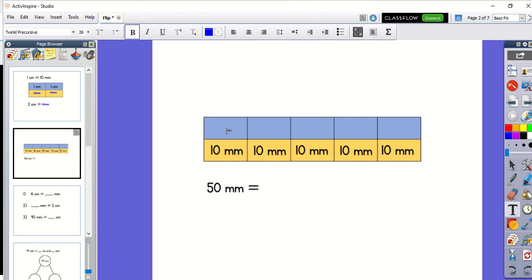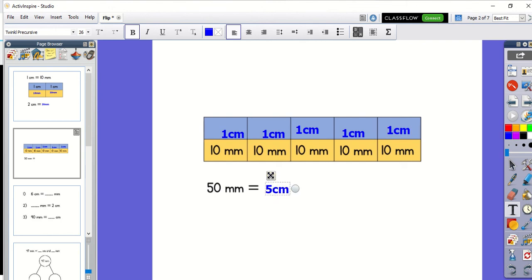Well, we know that 10 millimetres, as it's split into, each one is worth 1 centimetre. And that, of course, 1, 2, 3, 4, 5, it gives me 5 centimetres.